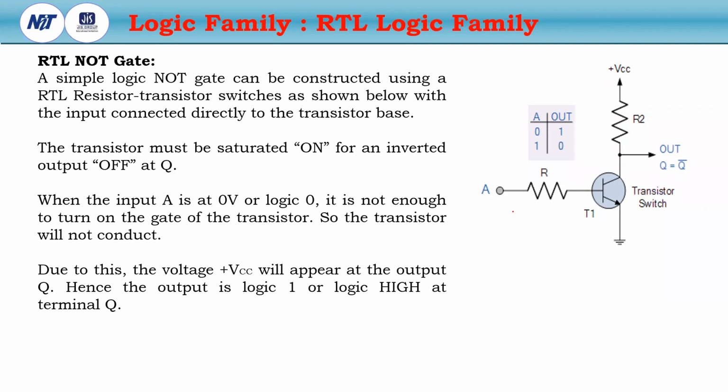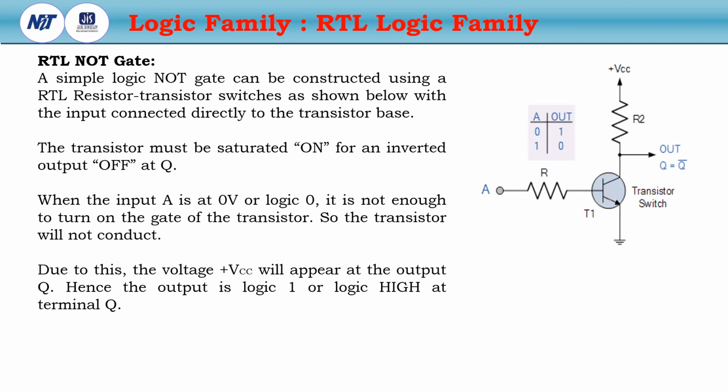This is the NOT gate. If A is equal to 0, then the transistor will not be in saturation mode. So it is in cutoff mode.